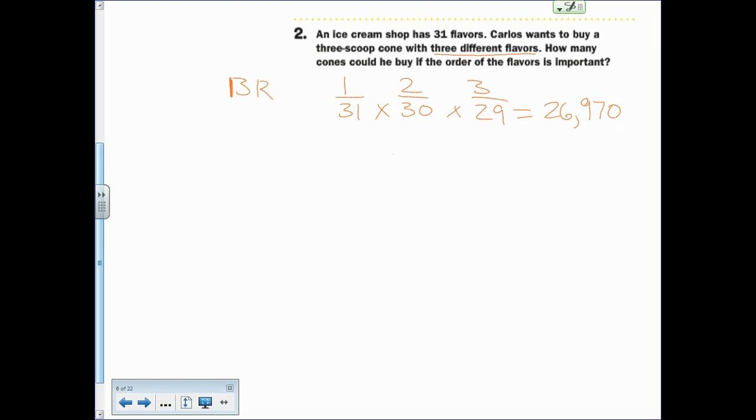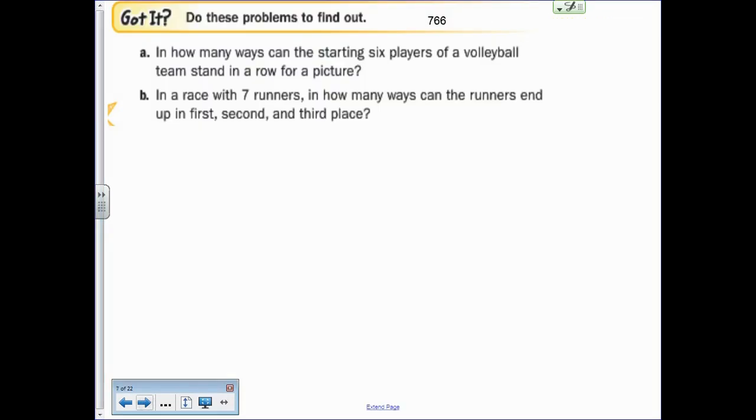That's a lot of different choices. That should get you prepared to do letters A and B here on page 766.